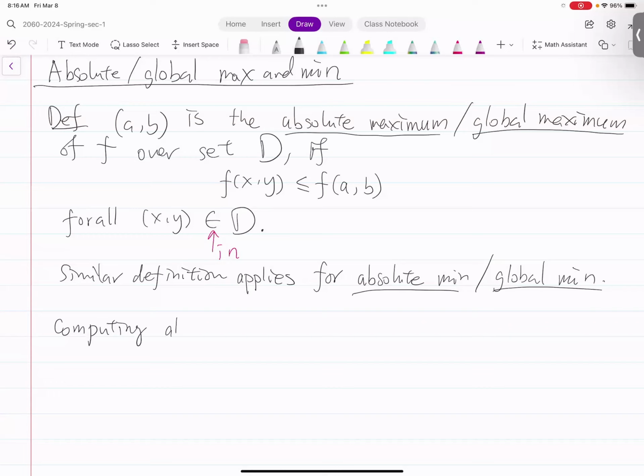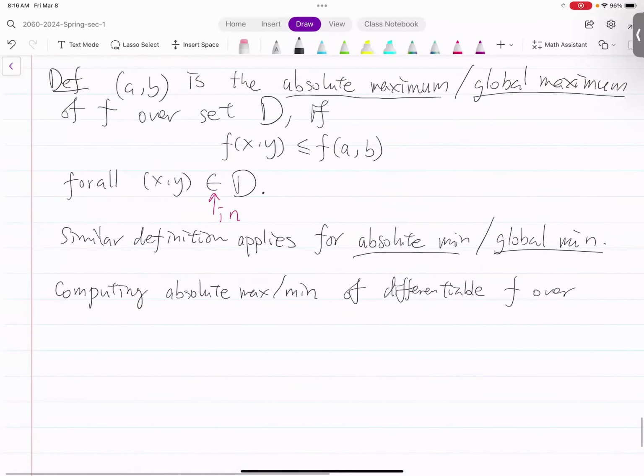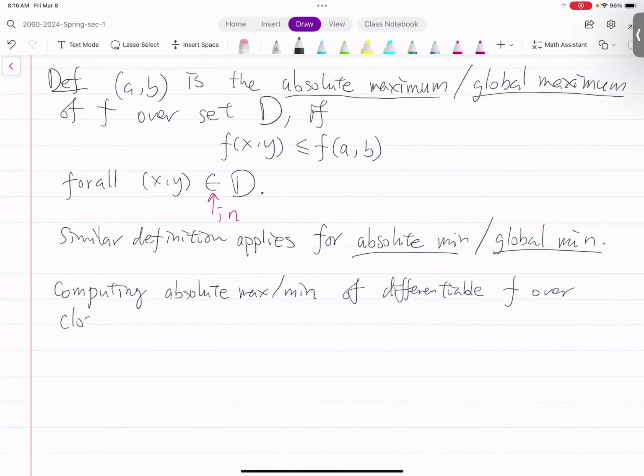Computing the absolute max or min of a differentiable f over a set D. Here for the set D we restrict it to be closed and bounded.